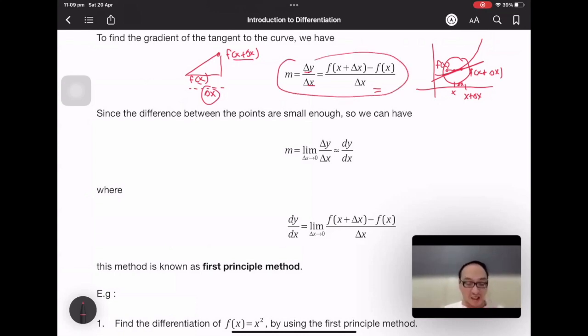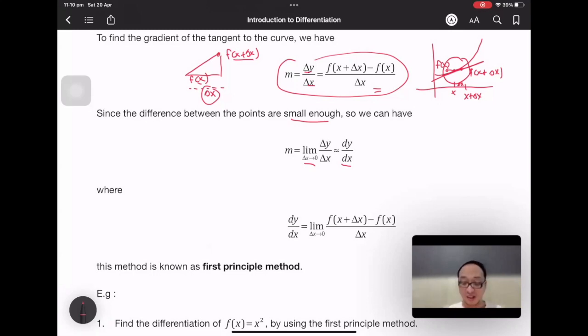Now since the difference delta x is small enough, it approaches zero. That's why we have to use the limit notation. The limit as delta x approaches zero of delta y over delta x is the differentiation, dy over dx, or we say dy dx.